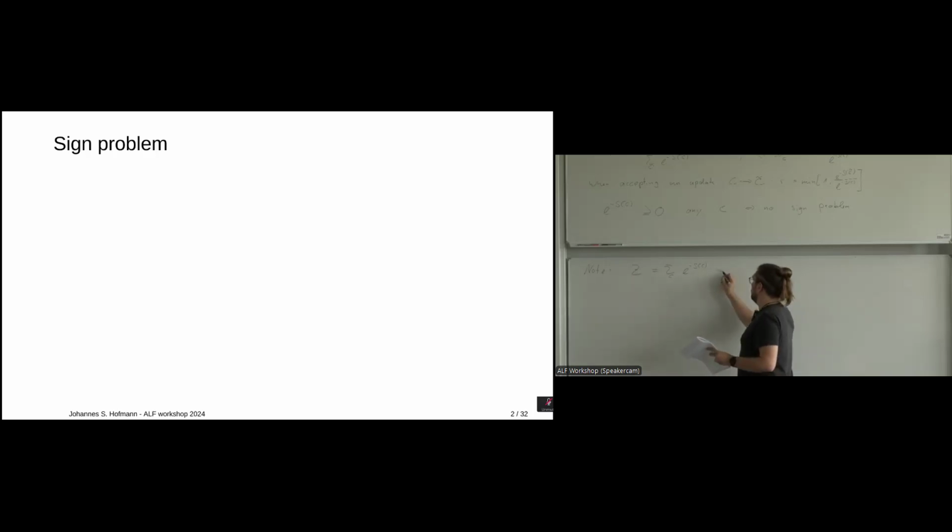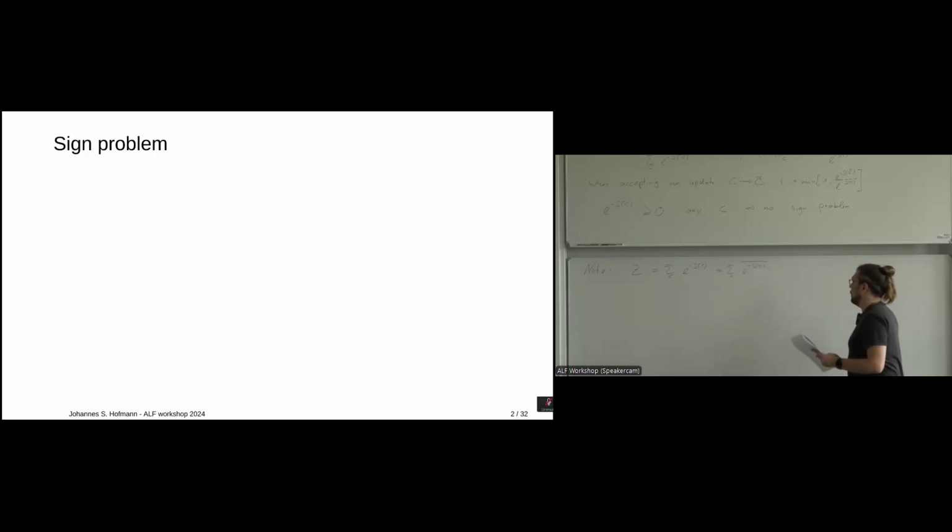So this also implies that I can take the complex conjugation of C, and it's still the same thing. So I can also write this as e to the minus sc complex conjugate, and the sum doesn't change its value.